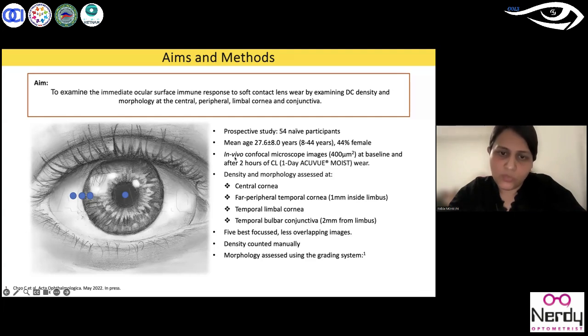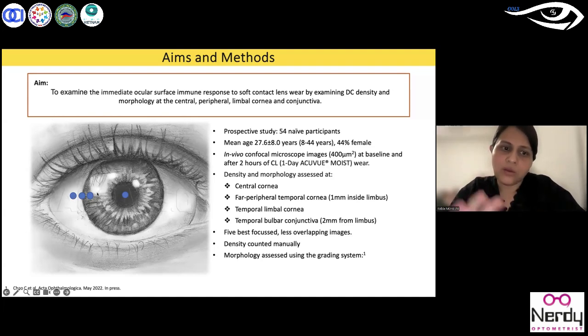Then we performed in vivo confocal microscopy in living eyes at baseline, and then we inserted a 1-Day Acuvue Moist soft contact lens for 2 hours. After 2 hours, we removed the contact lens and examined their density and morphology. By density, we counted these cells in the eye, and by morphology, we assessed the shape of their cell body and dendrites at the central cornea, peripheral cornea, limbus, and conjunctiva.